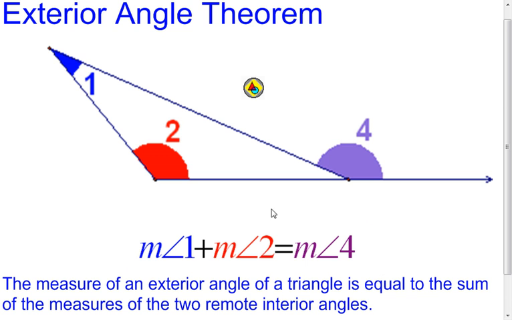My equation is saying that, and then the words are also saying that as well. So that's the exterior angle theorem. Remember that. Add the remote interior angle measures together, and it will always equal the measure of the exterior angle. And that's going to conclude our lesson on the interior angles of a triangle and the exterior angle of a triangle.